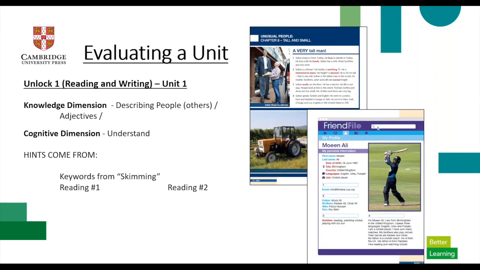I look at the two readings. So these are the readings from Unit 1 of Reading and Writing, Level 1 of Unlock. A very tall man. All right, so we're describing this person as very tall. He is a farmer. His hobby is watching TV. All right, so that goes back into writing a profile about someone. And then down below it, we have Friend File, Moeen Ali.